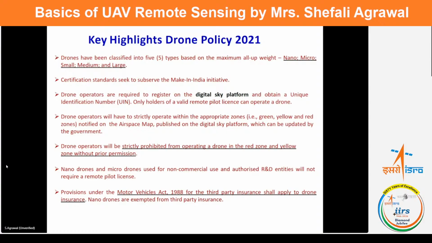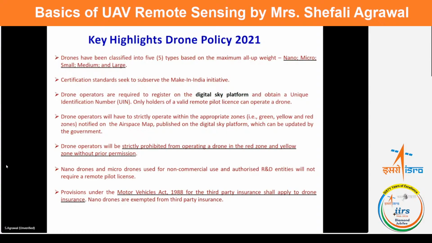The yellow zone surrounds controlled airspace such as airports. Here, drone operations require air traffic control clearance, so you need to take clearance from them. The red zones are strictly restricted areas. Drones can only be flown here with special permission from the central government. Otherwise, it's a totally banned zone where you cannot fly drones or collect data.